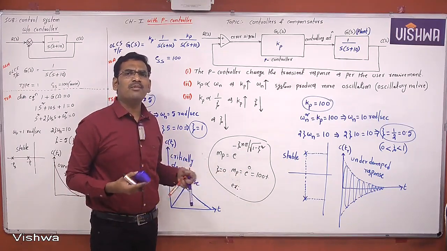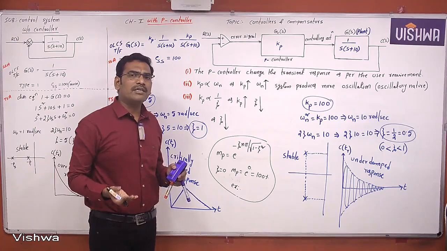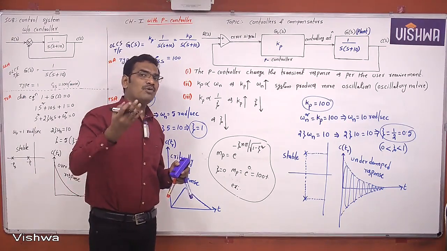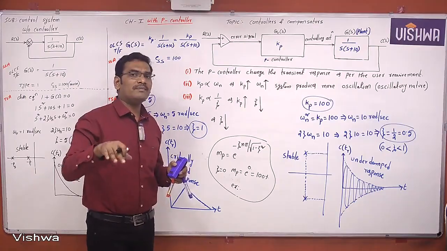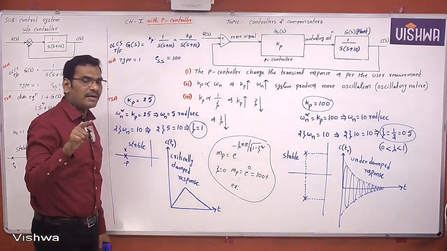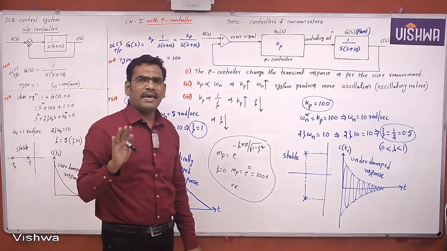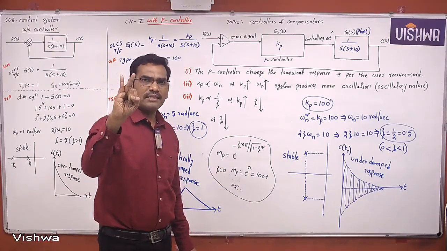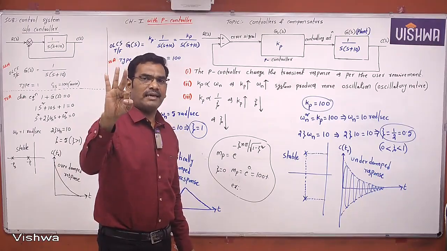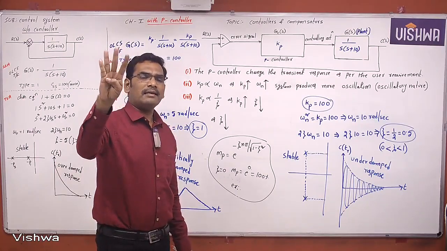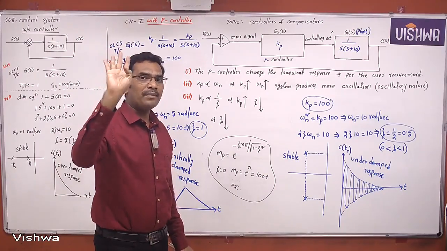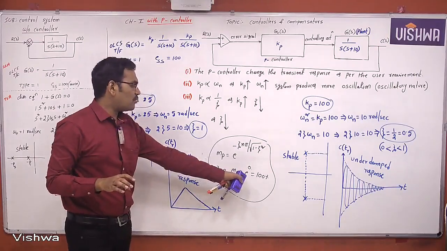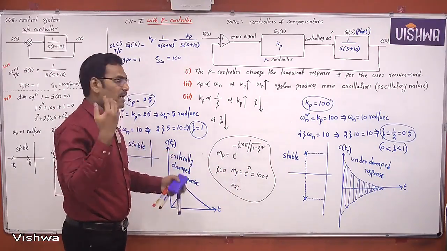When peak overshoot is more, error is more. When error is more, system becomes less stable. And I am already saying that the best system characteristics is nothing but smallest rise time, smallest settling time, smallest error, minimum error, and least peak overshoot. But what is the peak overshoot you are getting here? Peak overshoot is more, 100%.